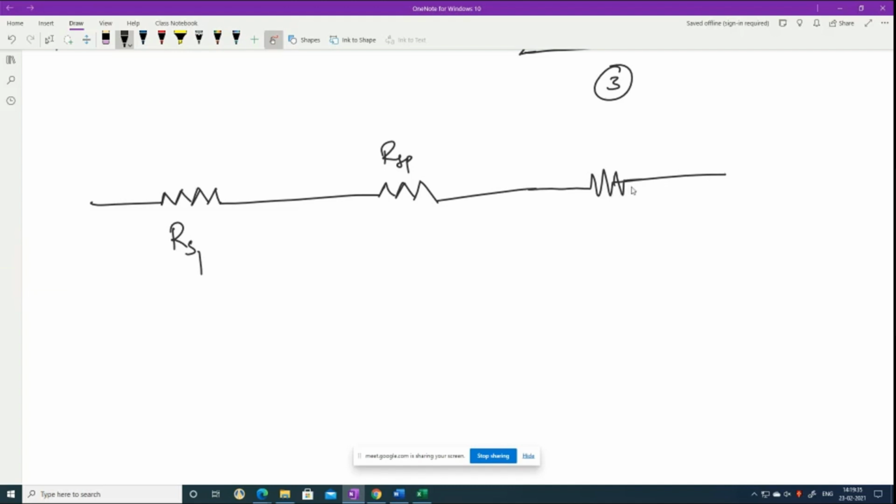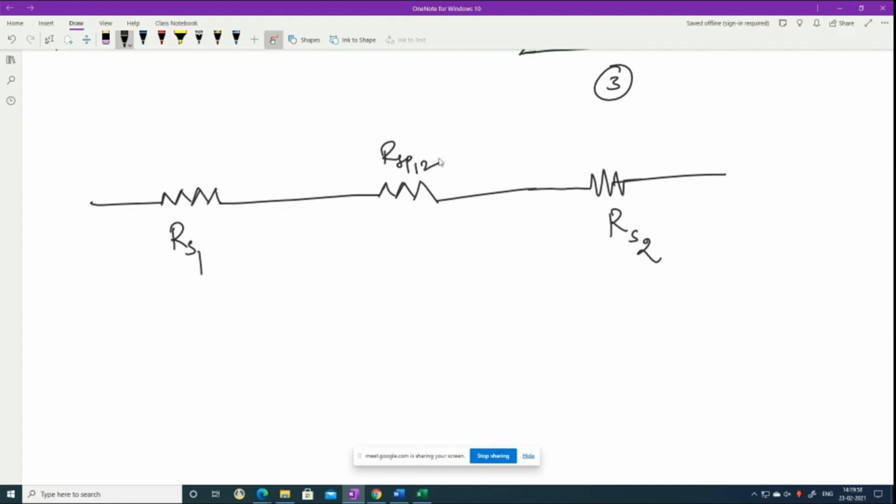And here I have one more resistance, which I'm calling RS2. I have resistance due to surface 1 and resistance due to surface 2, and in between there will be space resistance between these two. This RSP12 I will call it.